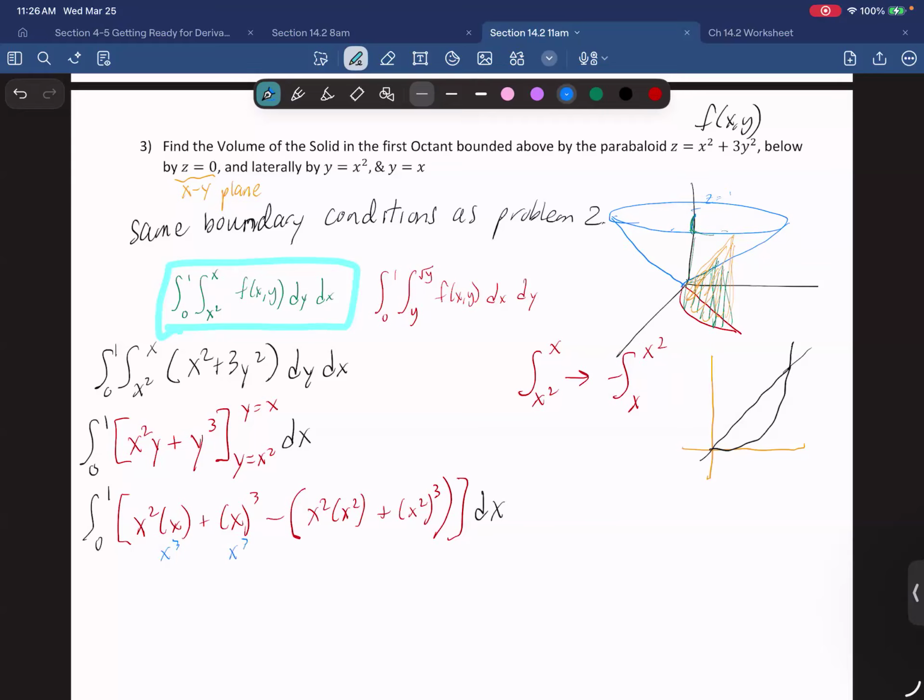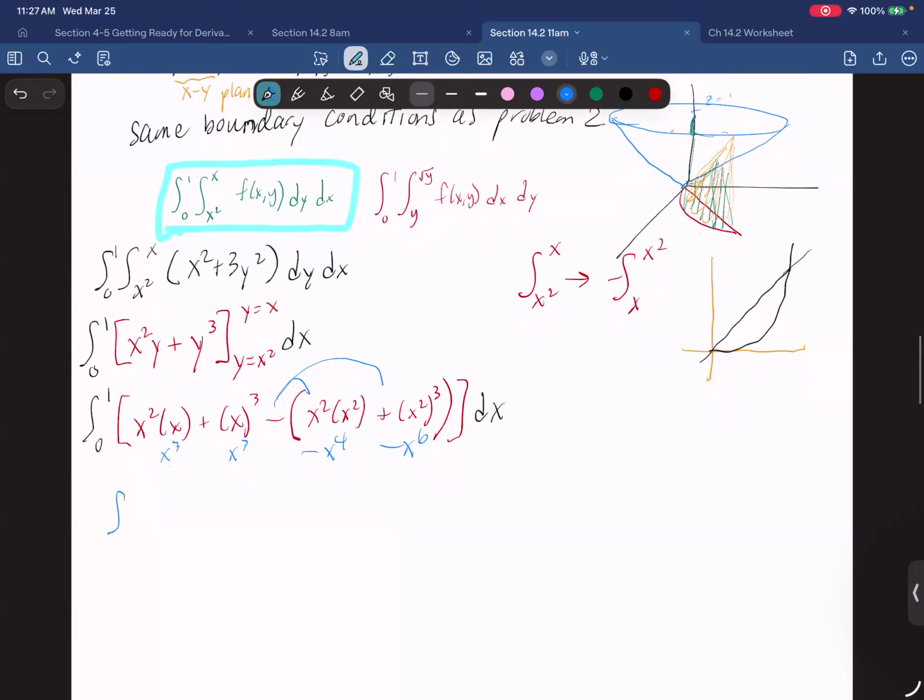That's an x cubed, that's an x cubed, that's an x to the fourth, x to the sixth. Make sure we distribute the minus to both of them. We've got 1. We can put the x cubes together, but the other stuff doesn't combine.